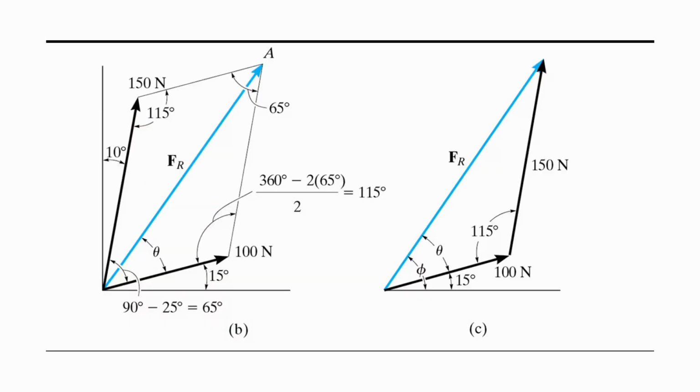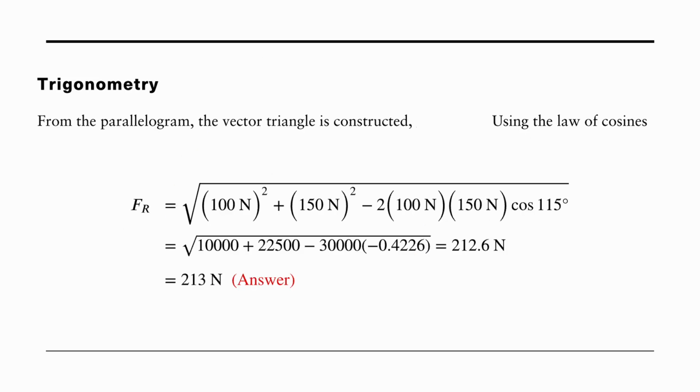So we have a 115 degree angle, a force of 100 Newton at 15 degrees from force F1 to the x-axis, and 150 Newton for the F2 force. We need to find the resultant force and the angle phi. So how can we do it?